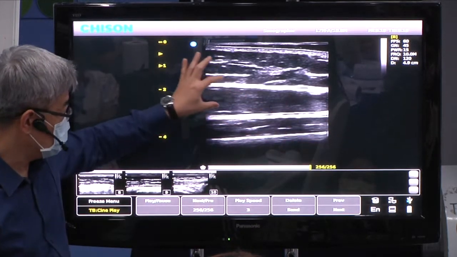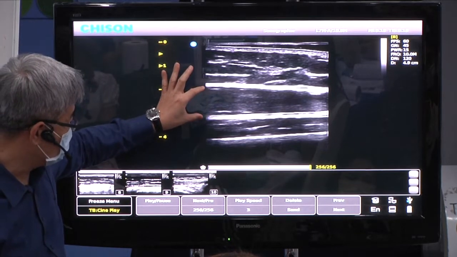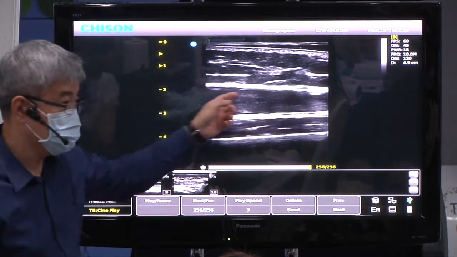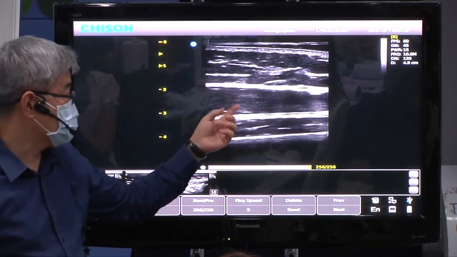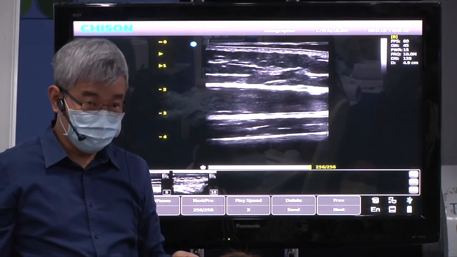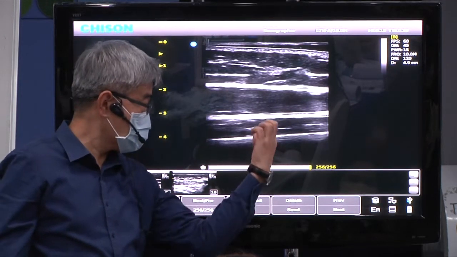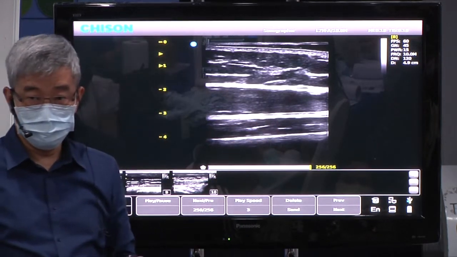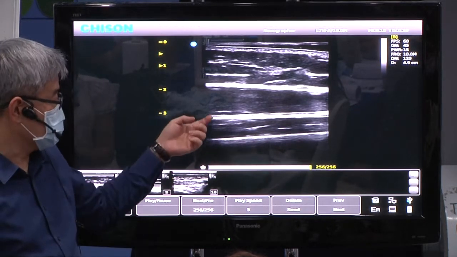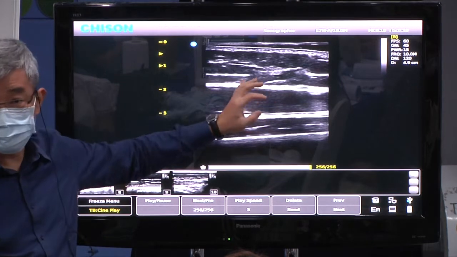I will take the measure, the distance from here, and average it. This is the muscle thickness of the rectus femoris. And this is the muscle thickness of the intermedius. Yes, thank you very much. Okay.